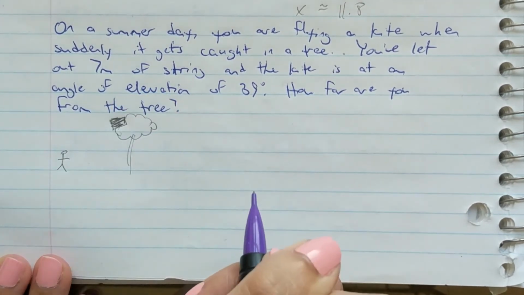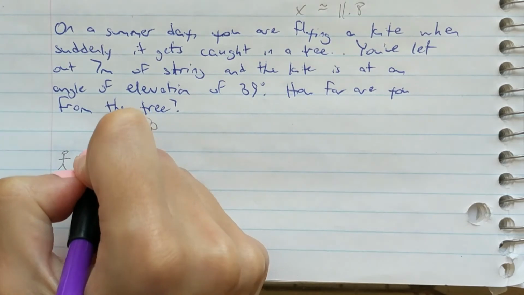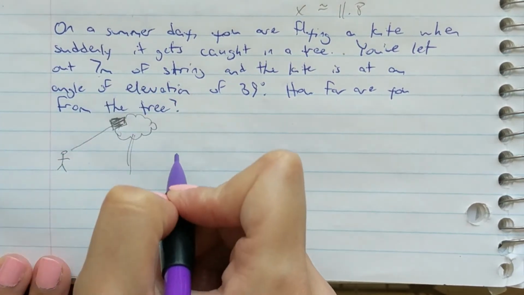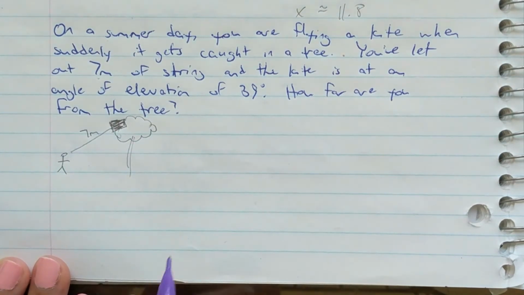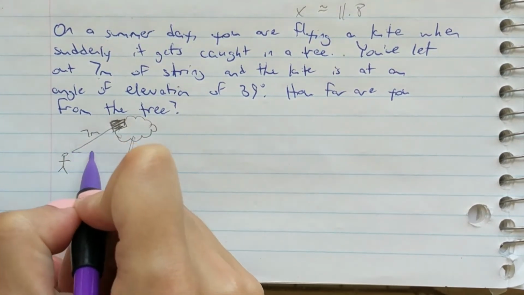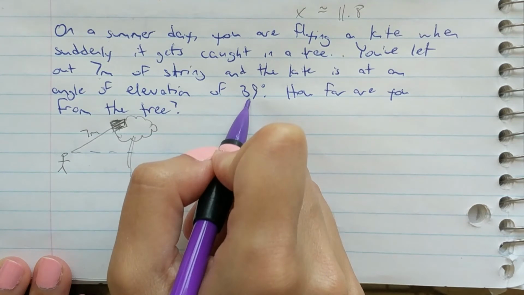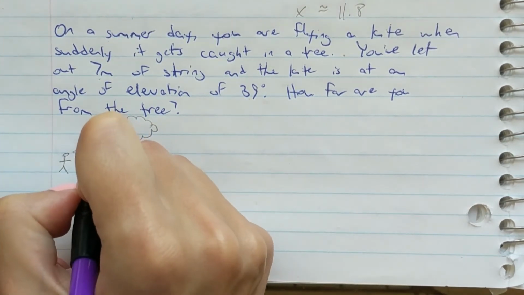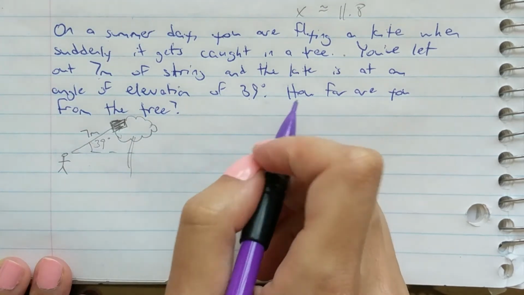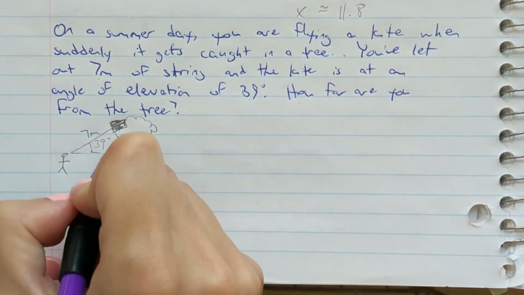Here's my kite. I had let out 7 meters of string, so this length here is 7 meters. I am also looking up at an angle of elevation of 39 degrees, so my face is looking up 39 degrees, and the question is asking how far are you from the tree?